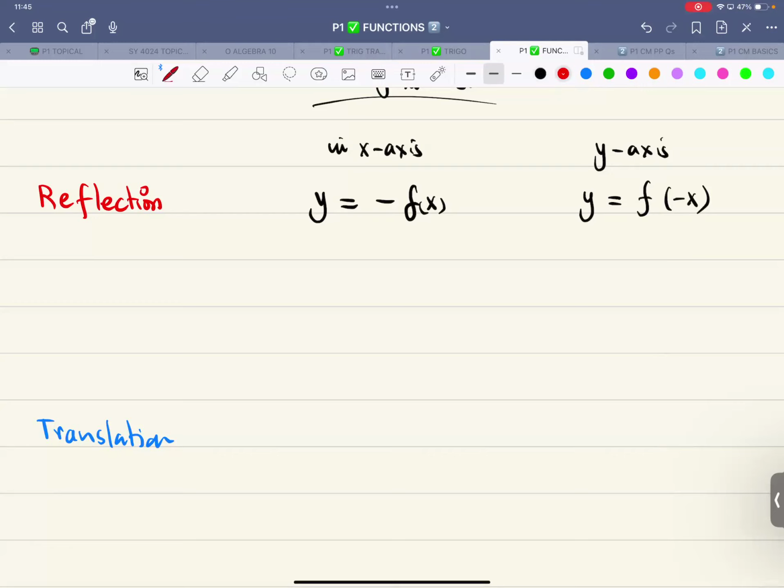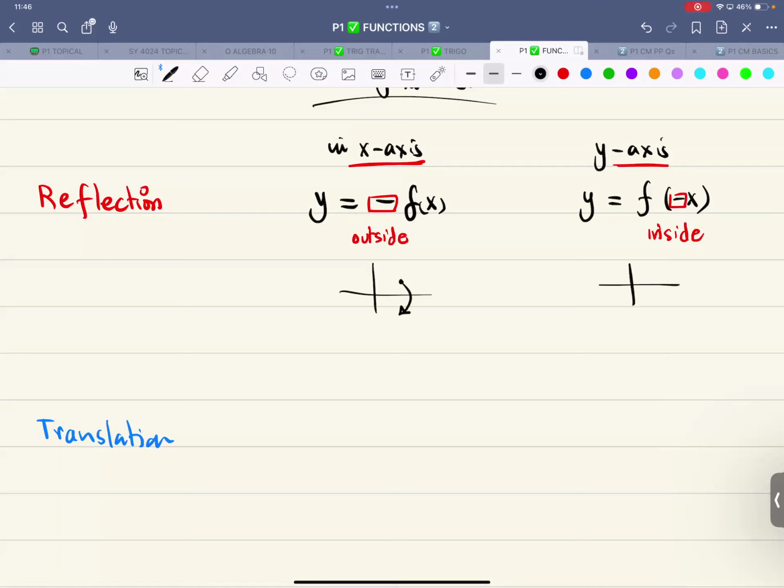Now, just focus over here. Reflection in x-axis, there is a minus on the outside. When it's reflection in y-axis, there is a minus on the inside. When we reflect something in the x-axis, something from here goes up till here.